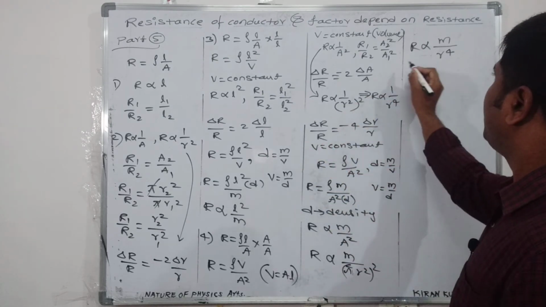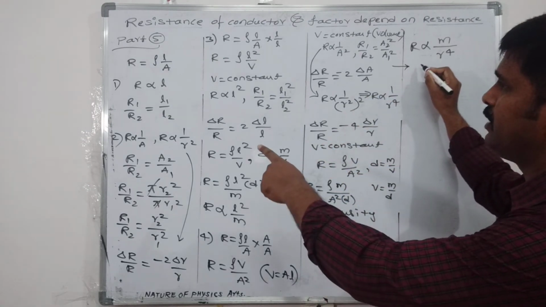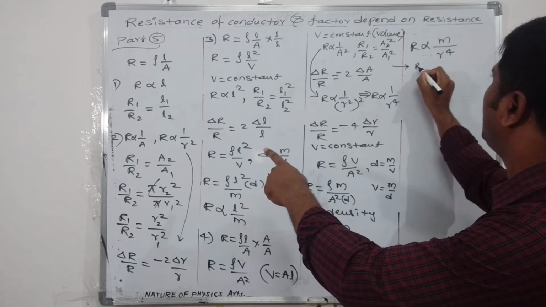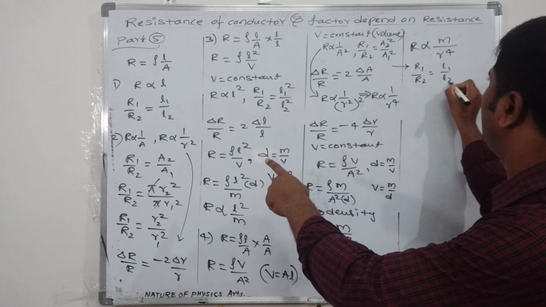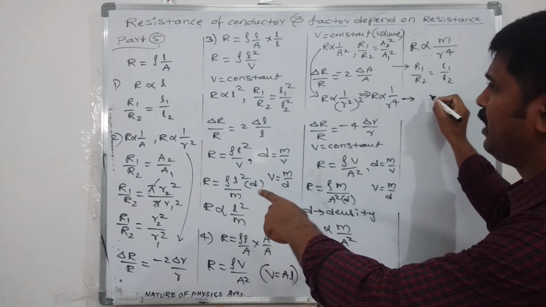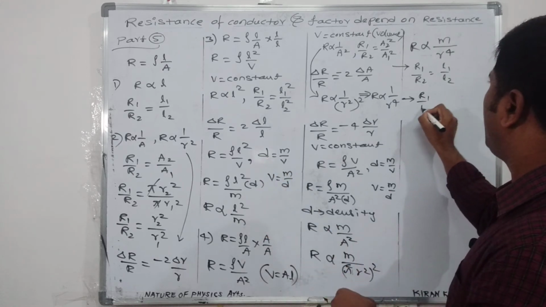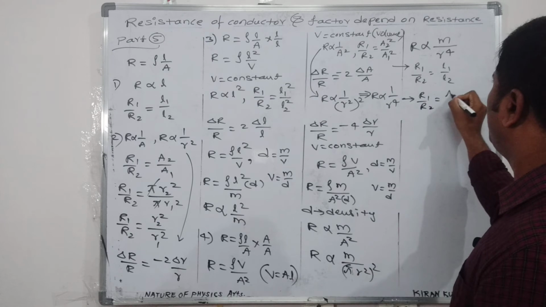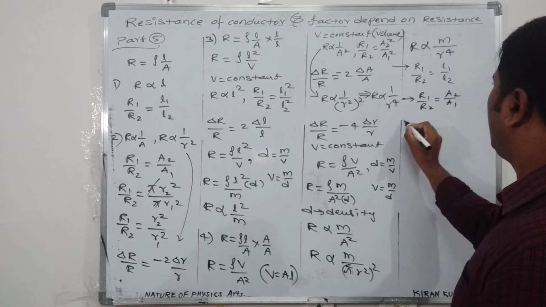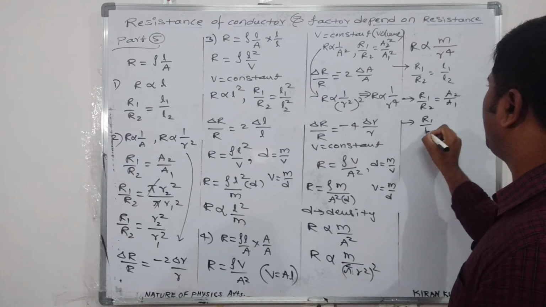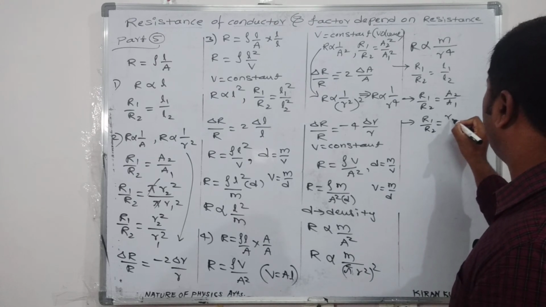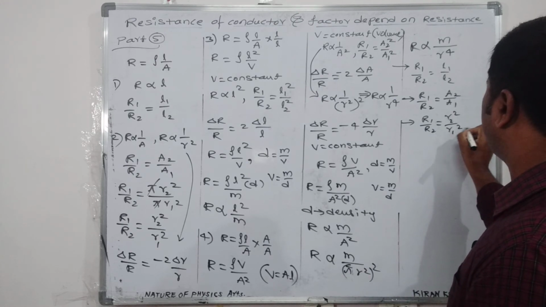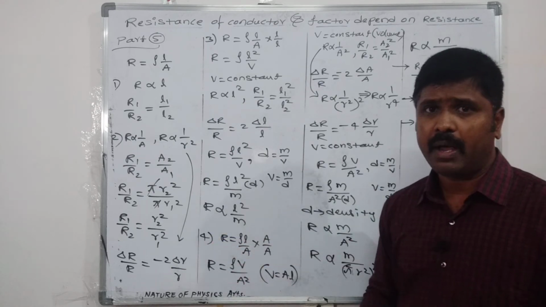Once again I am writing step by step. First, R1 by R2 is equal to L1 by L2. Second one is R1 by R2 is equal to A2 by A1, and next R1 by R2 is equal to r2 square by r1 square, and the relation also I gave you.